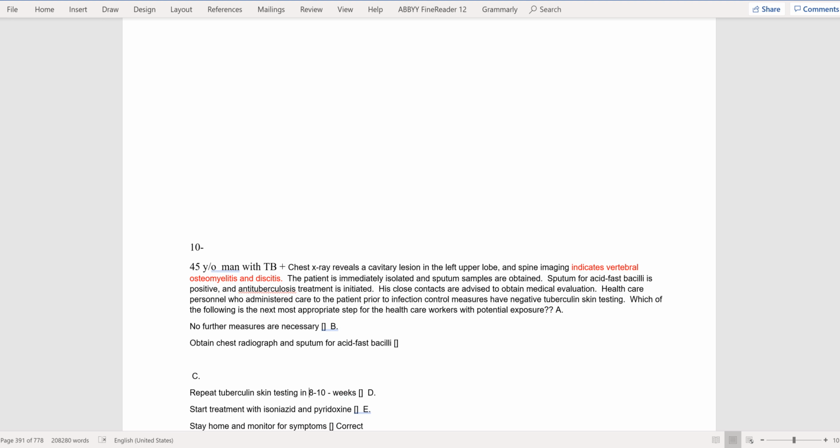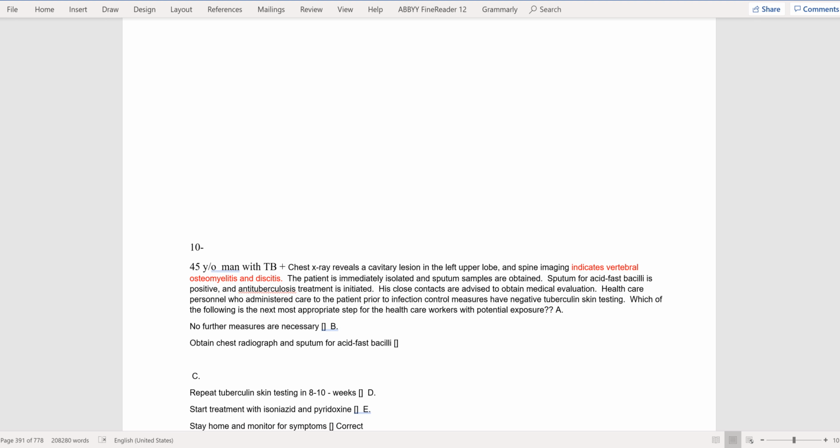The option saying no further measures are necessary, actually no. Screening for TB is important up to 8 weeks following exposure, and repeat testing is required to evaluate transmission so that appropriate treatment can be administered, because it is important to detect TB before it develops to active, to detect it while latent. Chest radiograph and sputum for acid-fast bacilli, this is if the screening was positive, then we can go to the next step. Okay, repeat TB testing, this is the right answer.